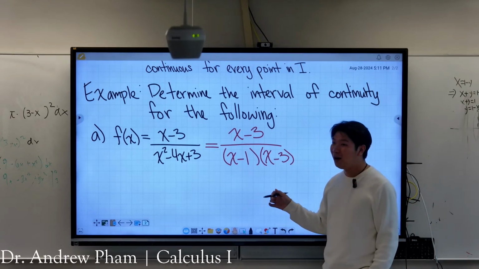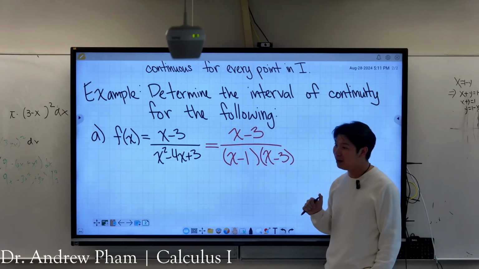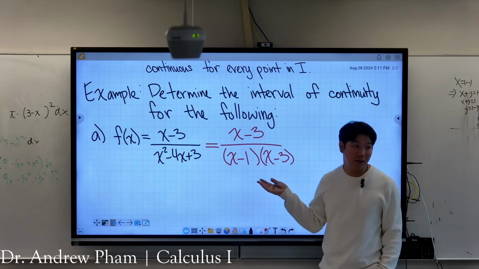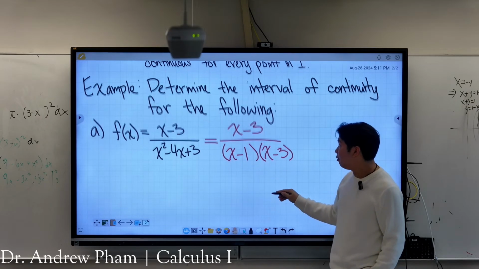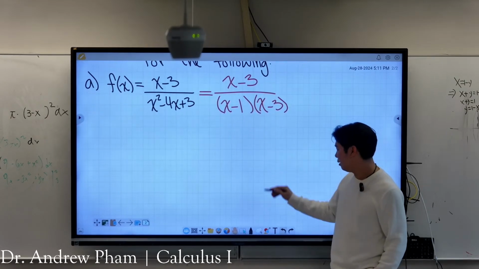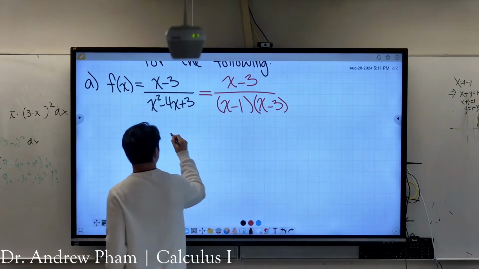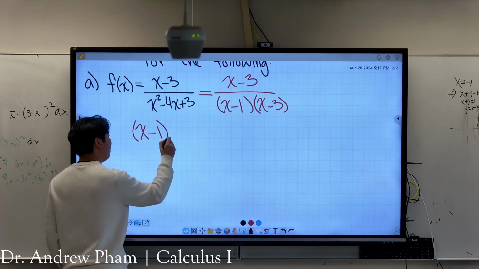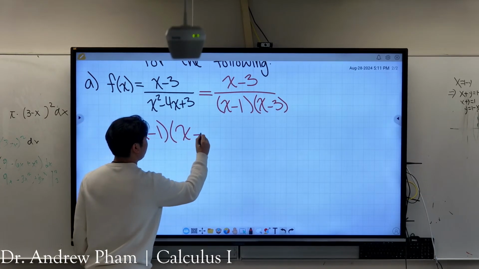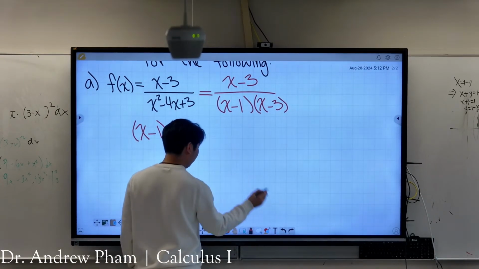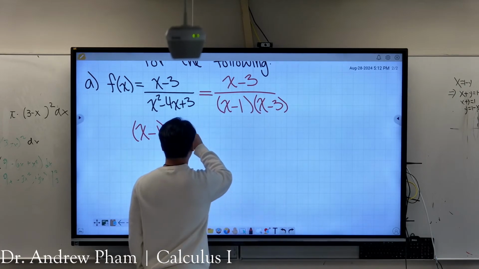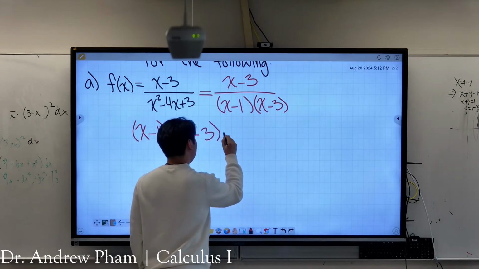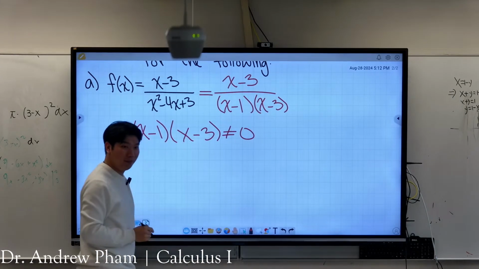Well, what do I not want to happen? What do I want to avoid? We don't want the denominator to be 0. In other words, again, moving this up, I want to make sure that x minus 1 times x minus 3 is not 0.